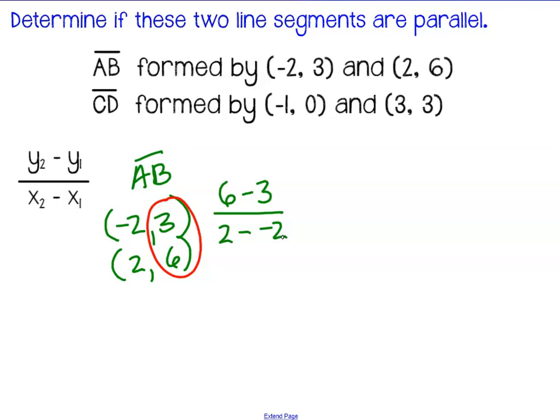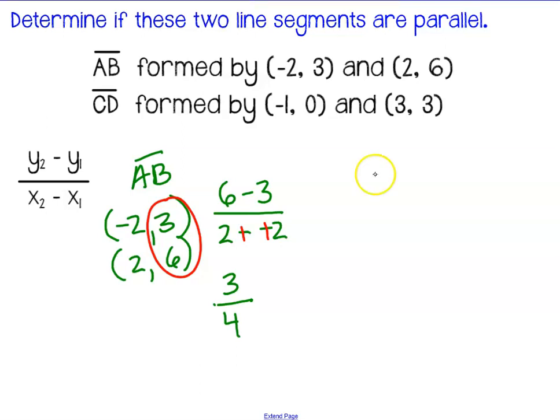Don't forget that the formula has a minus sign in it, and sometimes your ordered pairs have a negative sign in them. So let's calculate this here. 6 minus 3 is 3, and 2 minus minus 2 is 2 plus 2, so that's going to give us a 4. All right, so the slope of segment AB is 3 over 4.